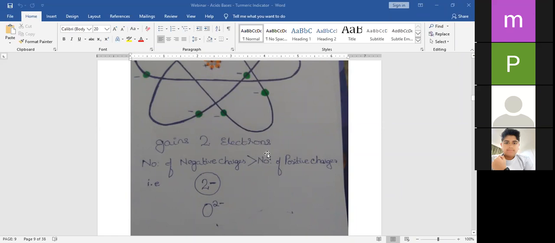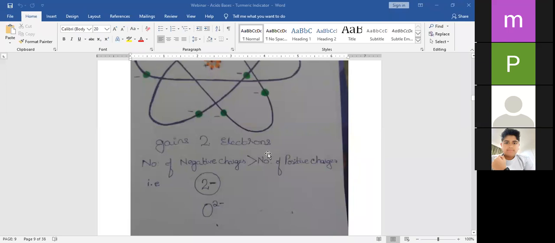So now we spoke about ions. Now all acids produce H plus ions when dissolved in water. That means they contribute H plus ions in the presence of water. And all bases produce OH minus ions when dissolved in water.